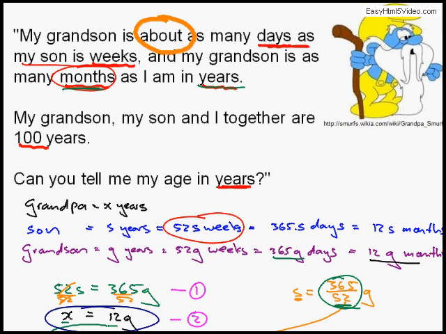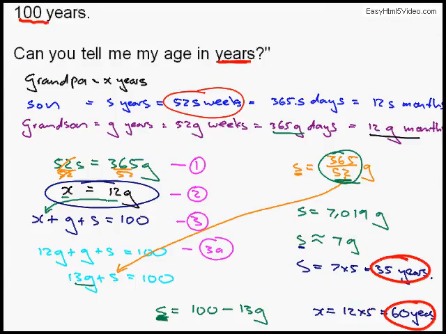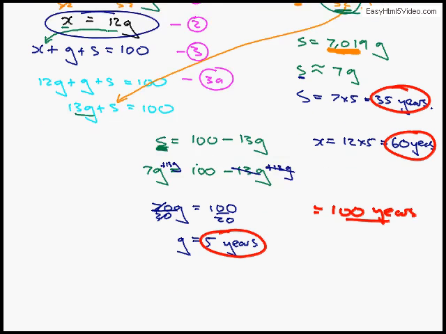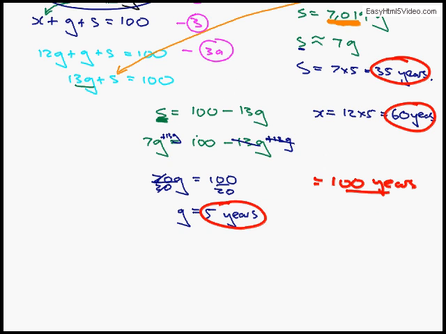That is a bit wishy-washy in terms of mathematics, but if you just go back to that division over there and the answer that we got over there, if we didn't use the rounded down value of 7, but the value of 7,019 in S, when we multiply it there with 5, what you'll get is an answer of 35,05 years, which equates to 35 years and about 18 days, a couple of hours into the 18th day as well. So it's 35 years and 18 days that the age is given of the son.